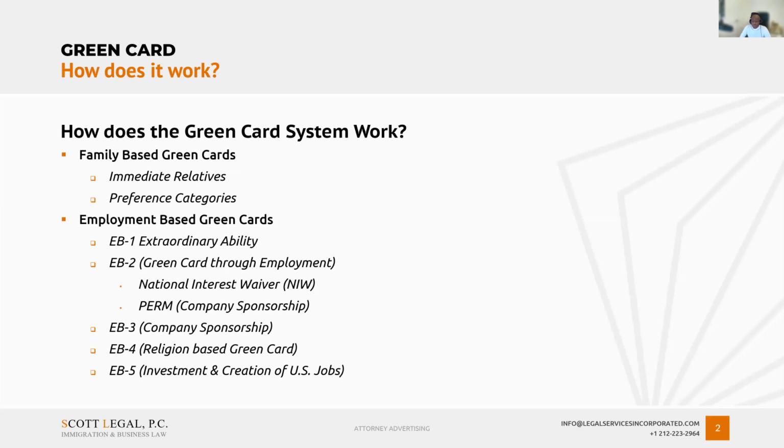Before we get into the detail and the different types of specific visas, I just want to talk generally about the green card system in the United States, because it is different from the system in many countries. A lot of countries have a system where permanent residency, which a green card is based on, is a points system where you get a number of different points for different things. So, for example, if you speak the language, if you have a certain amount of education, then maybe the time that you've been in the United States, and then you get those points.